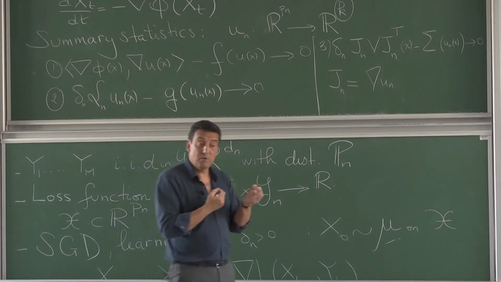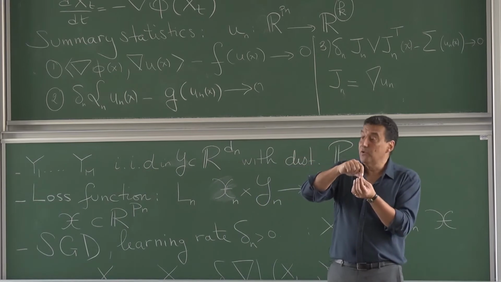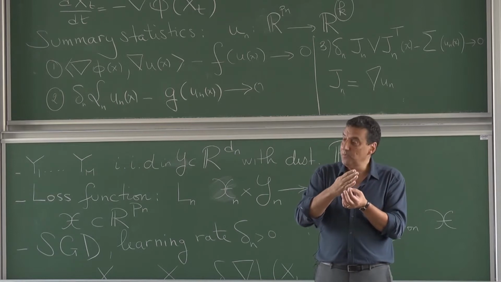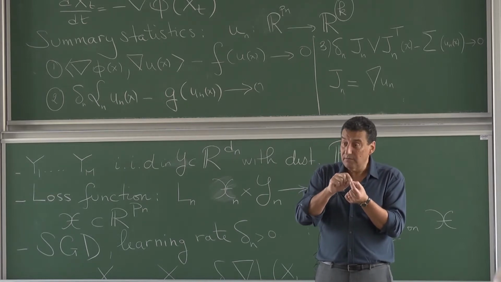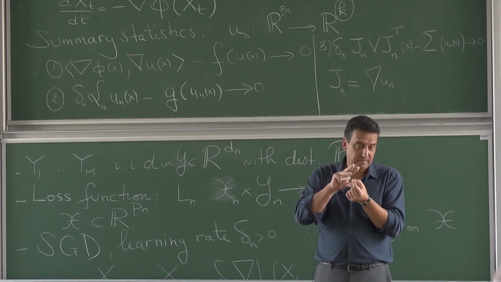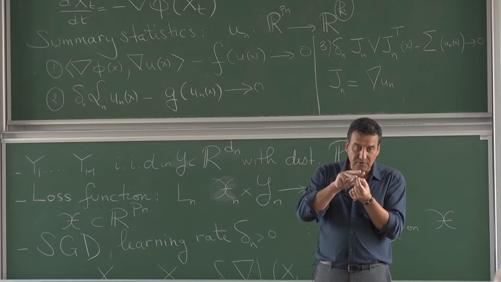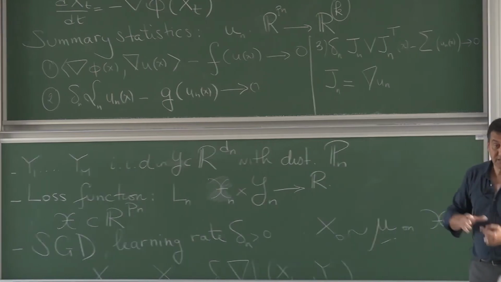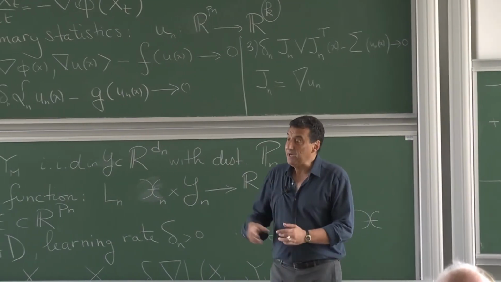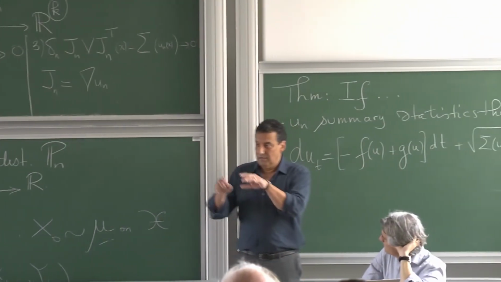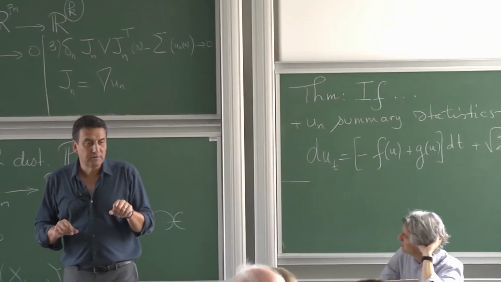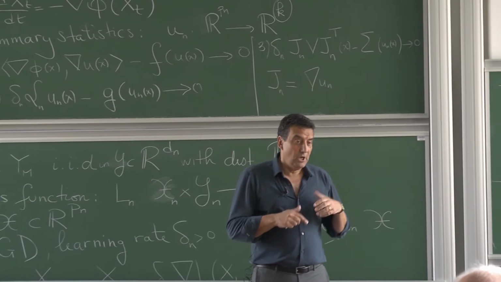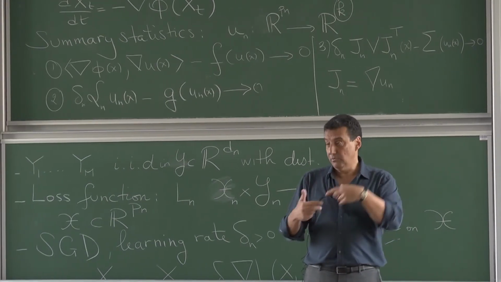So, for instance, one thing you may want to do is take one of the fixed points or the connected components of the fixed points, start there, and then zoom in, right? By looking at a different scale, the right scale. If you do that, you again have typically a summary statistics, and you can again apply the theorem. So typically you could start with something which is ballistic, then it goes to some stable manifold, you zoom there, and then you add a diffusion term, right? You have a whole family of things like this. It's not just one. And I will show you a few examples of that.